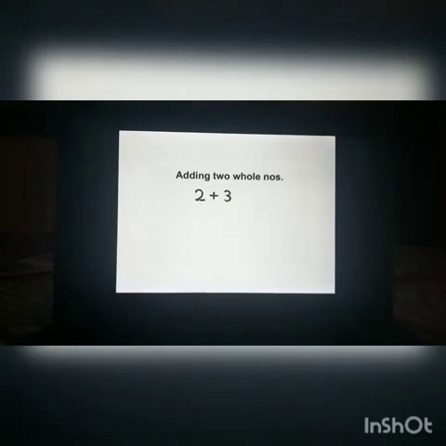Now if we add 2 plus 3, the answer will be 5. 2 is a whole number, 3 is a whole number, their sum 5 is a whole number. Look at another example. 3 plus 3 is equal to 6. Here 3 is a whole number, second 3 is a whole number, and their sum 6 is again a whole number.